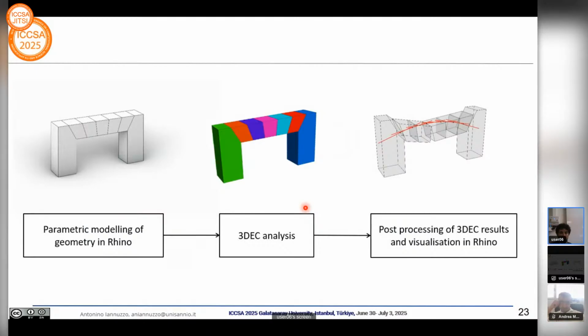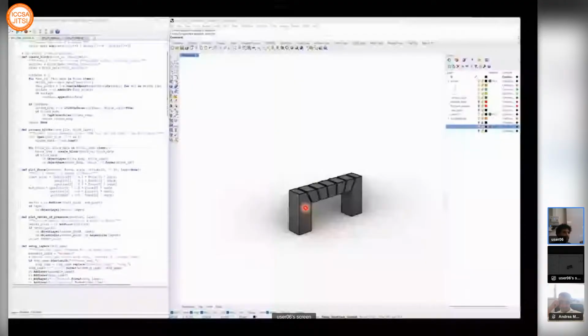This is what we did to deal more easily with 3DEC and the FISH code it uses, which in version 5.6.7 is not super easy to deal with.